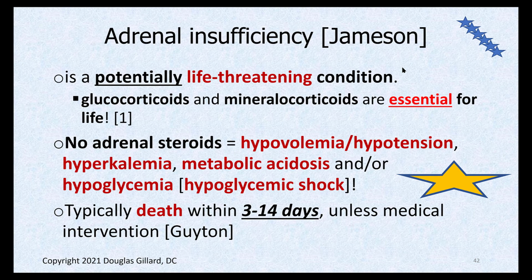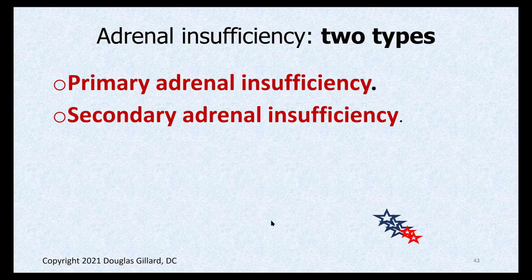It is life-threatening because glucocorticoids, cortisol, and the mineralocorticoids are essential for life if it affects aldosterone. So no adrenal steroids means hypovolemia, hyperkalemia, metabolic acidosis, and hypoglycemia. You can go into hypoglycemic shock. We'll look at that mechanism because that one's not so intuitive. But yeah, if you lose your adrenal gland, you can be dead in between 3 and 14 days. You can't live much past that.